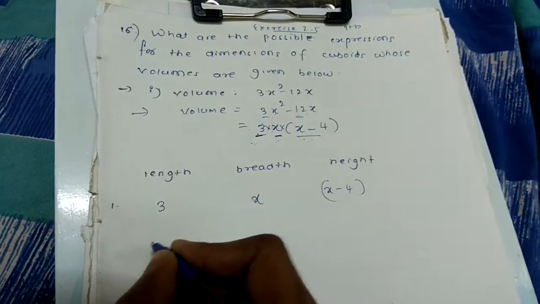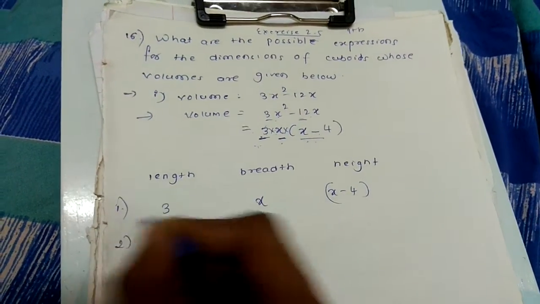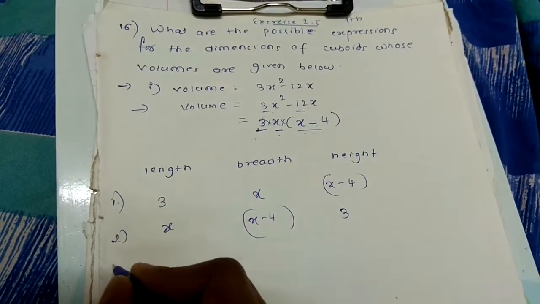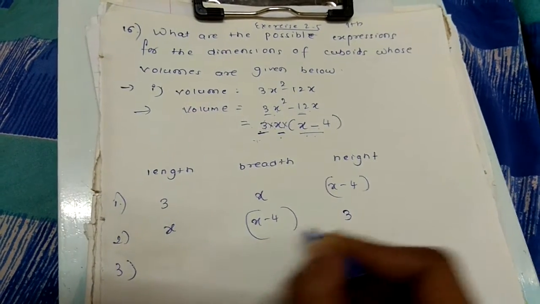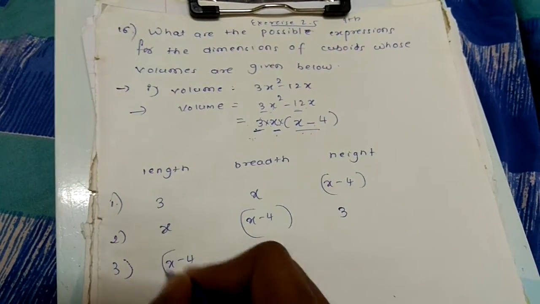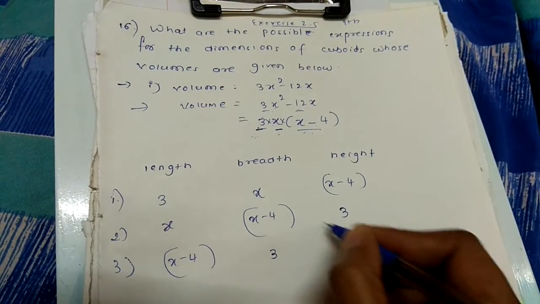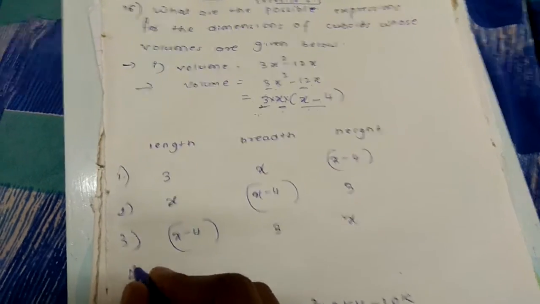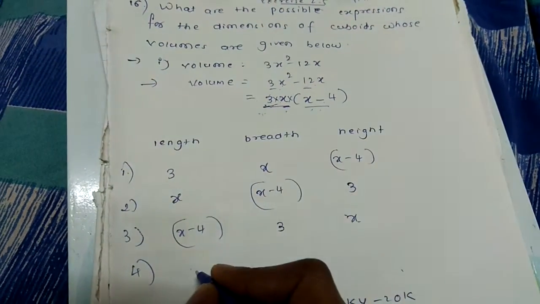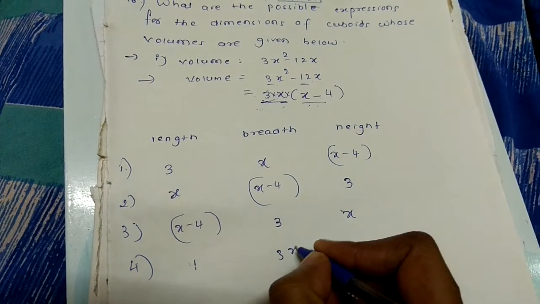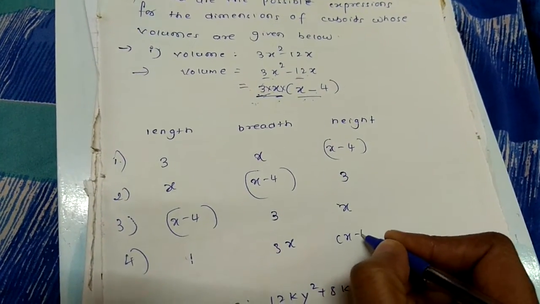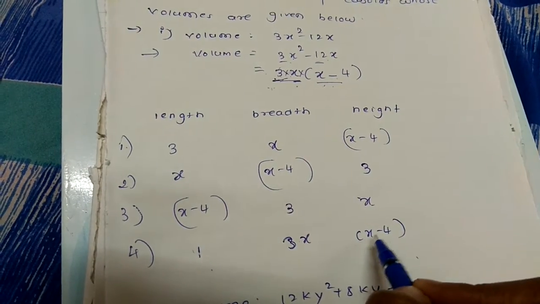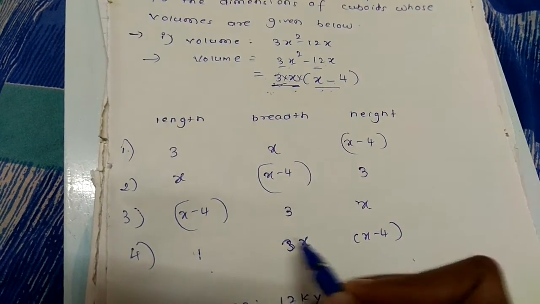You can take x as length, x minus 4 as breadth and 3 as height. The third possible way is x minus 4 as length, 3 as breadth and x as height. The fourth possibility is 1 as length, 3x as breadth and x minus 4 as height, or 3x as length, x minus 4 as breadth and 1 as height.